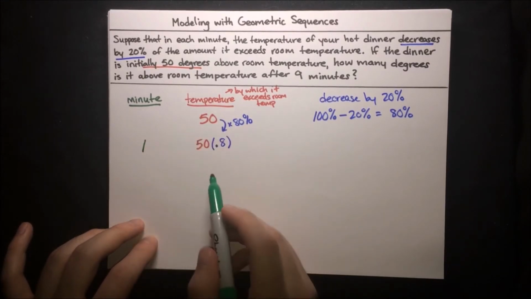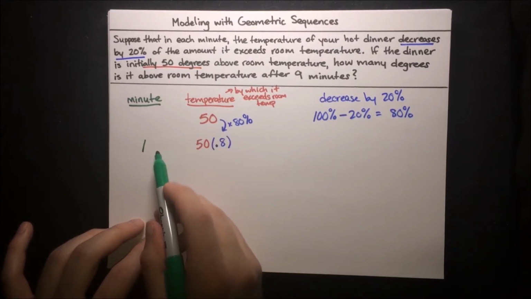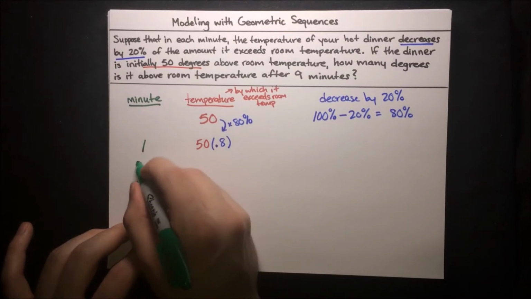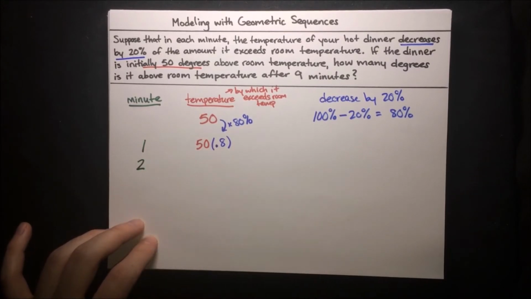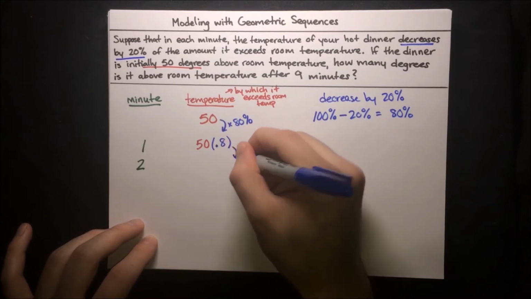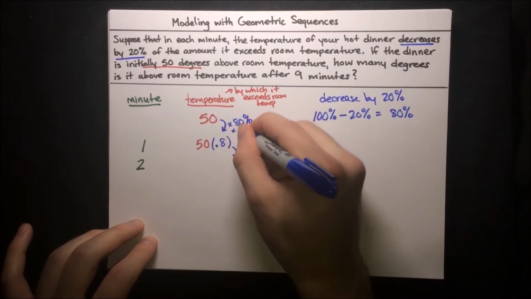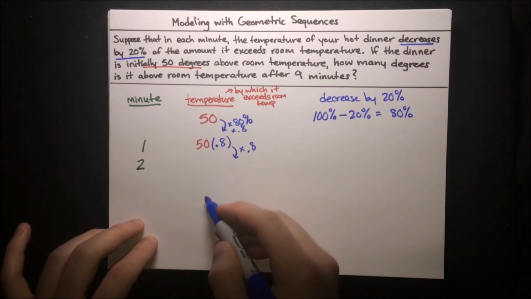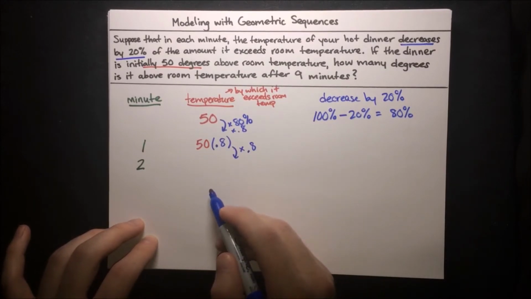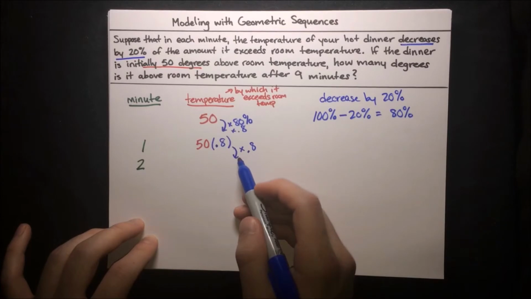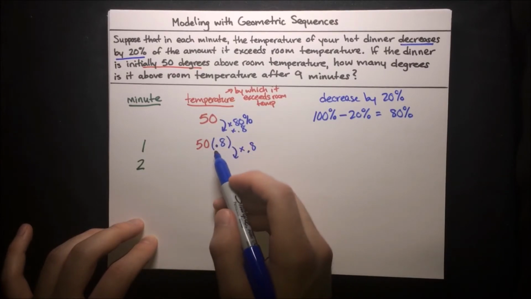All right, so now we're just applying that rule over and over again to get to the next minute. Minute 2 would just be multiplied by 80% again, really just times 0.8 times 0.8, over and over again. Now we see that this is a geometric series because there's a common ratio that we're multiplying by every time.